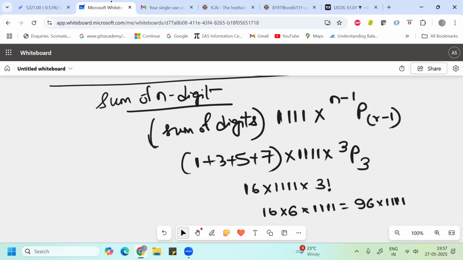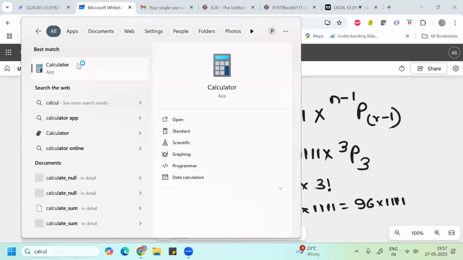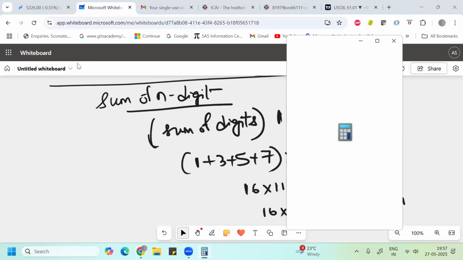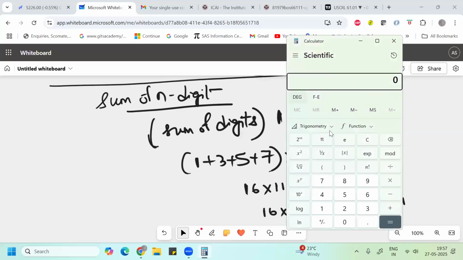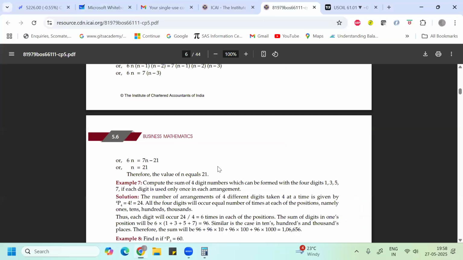So 96 into 1, 1, 1, 1 gives 106,656. This is your answer. You can check this. 106,656. This is the answer.